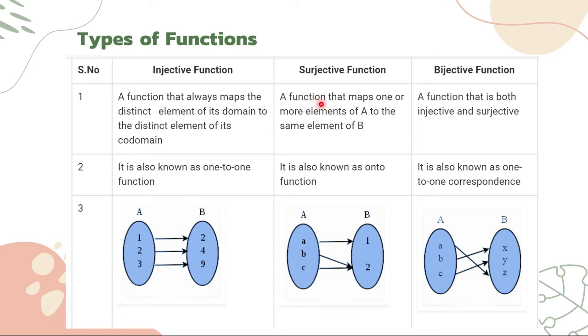A surjective function maps one or more elements of A to the same element of B, like that. And a bijective function is a function that is both injective and surjective. It is also known as one-to-one correspondence.